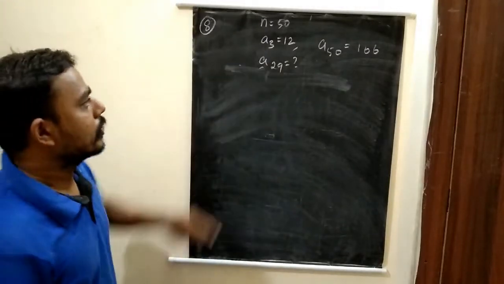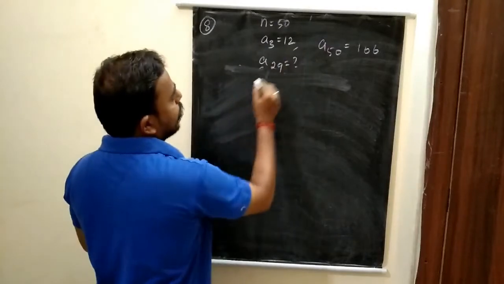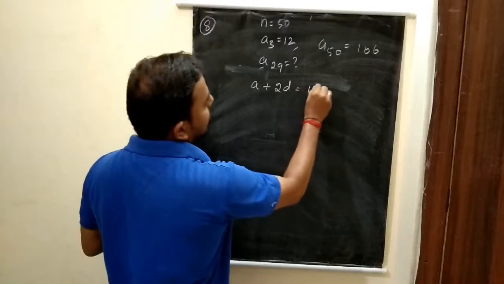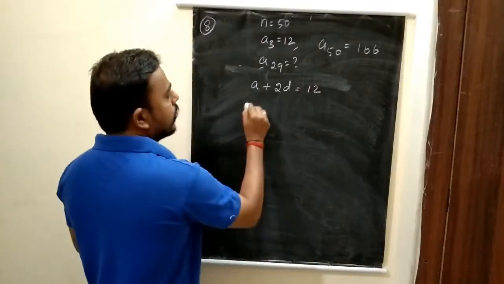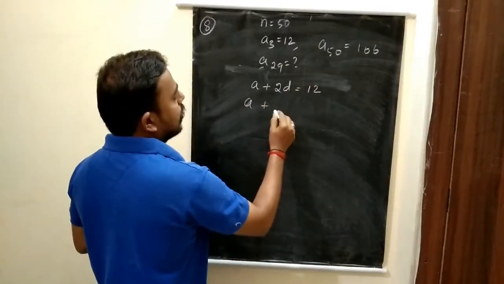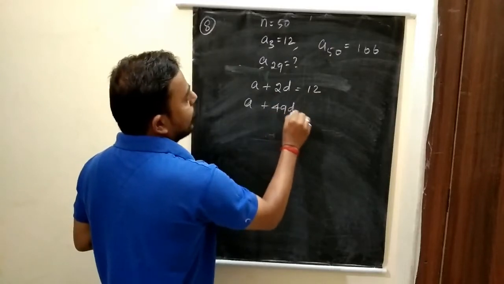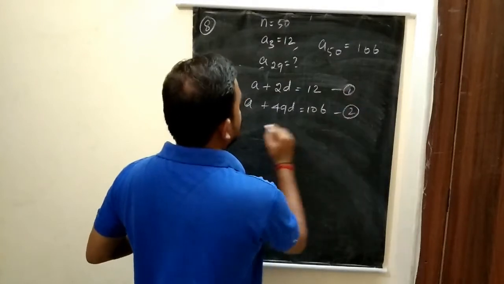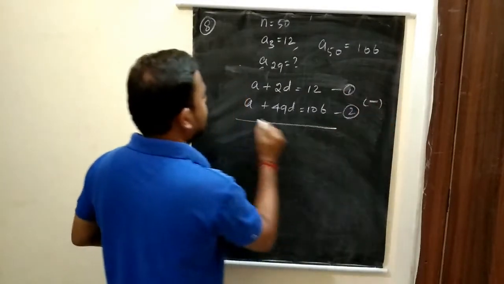So we are going to use this. A3 equals 12, that is, a plus 2d equals 12. Then a plus 49 into d equals 106. This is the first equation, this is the second equation. In the same way, subtract, changing the sign.